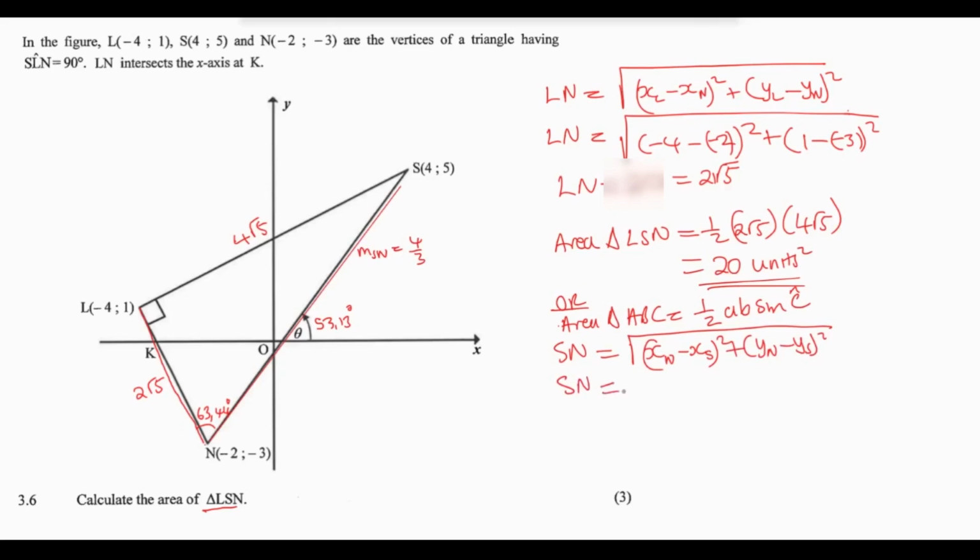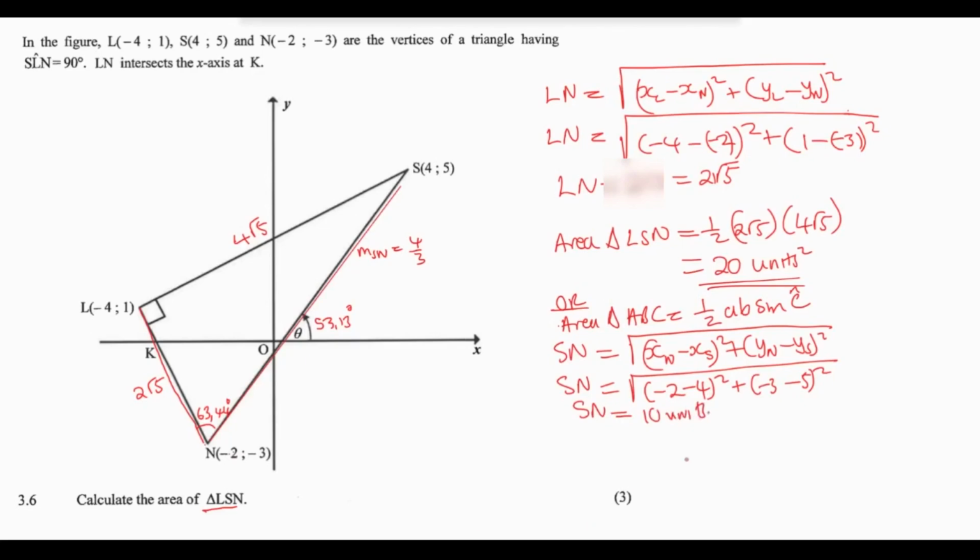Then SN is equal to the square root of x at N, which is negative 2, minus x at S, which is 4, so it's negative 2 minus 4 squared, plus y at N, which is negative 3, minus y at S, which is 5, and then squared. If you put this in the calculator, you'll get that SN is equal to 10 units.